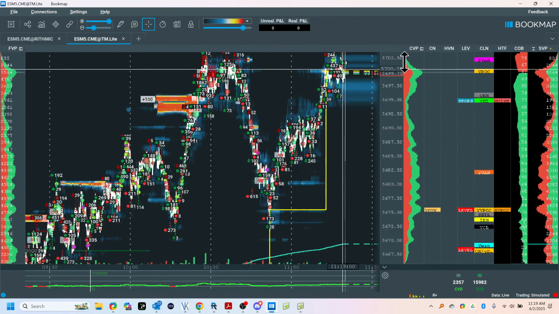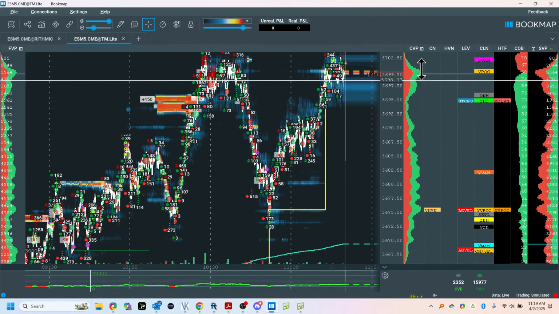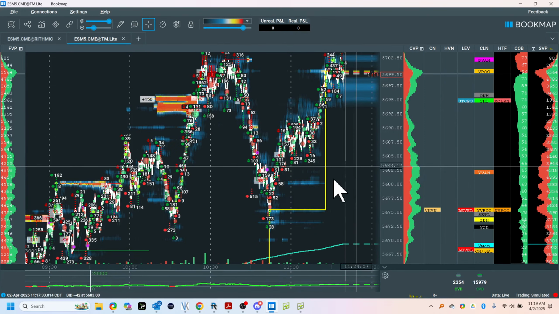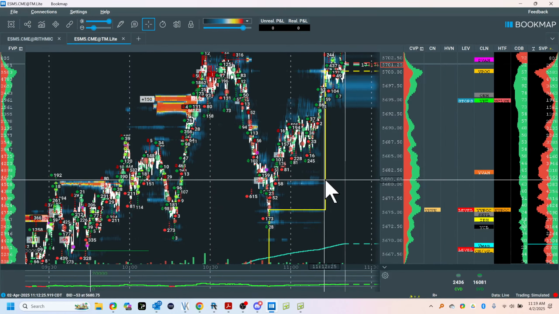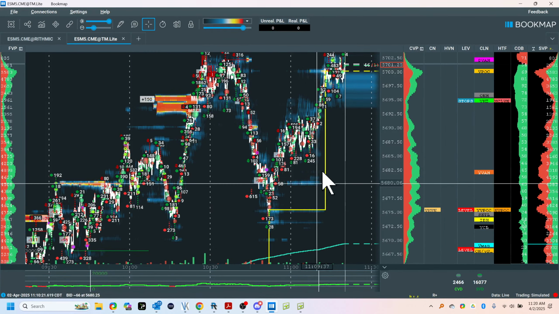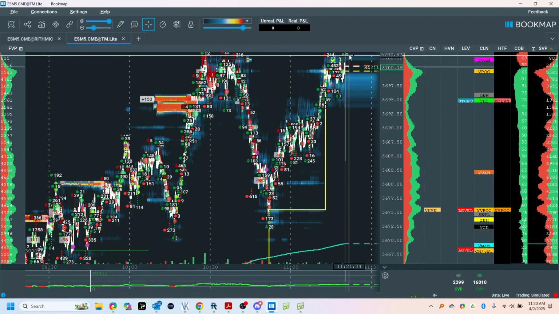VPOC migration. Now, the thing about developing volume point of control, so you understand what it is: the market can do obviously anything. So let's remember that. The fact that this is marching up does not mean that we will continue going higher.